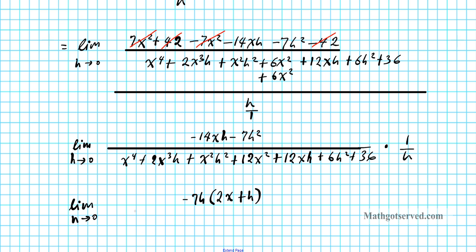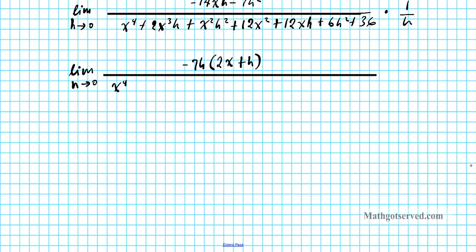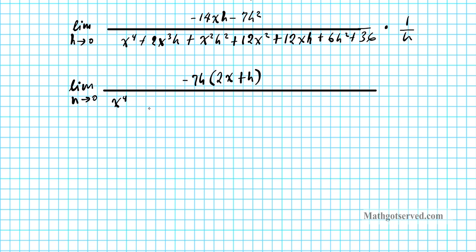And the denominator basically stays the same. It's still going to be x to the fourth plus 2x to the third h plus x squared h squared plus 12x squared plus 12xh plus 6h squared plus 36.